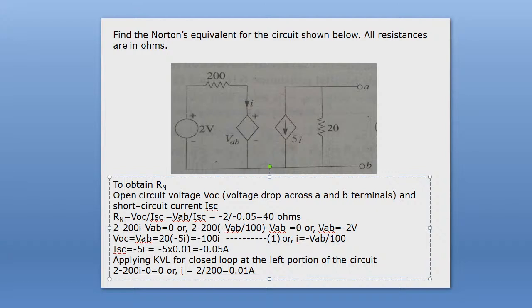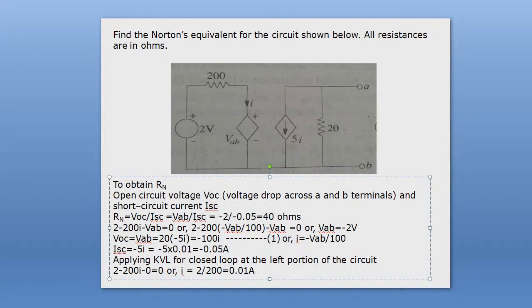Now we can replace I in terms of VAB, because our objective is to calculate VAB. We know that I equal to minus VAB by 100, which we got by considering the voltage drop across 20 ohm resistance.